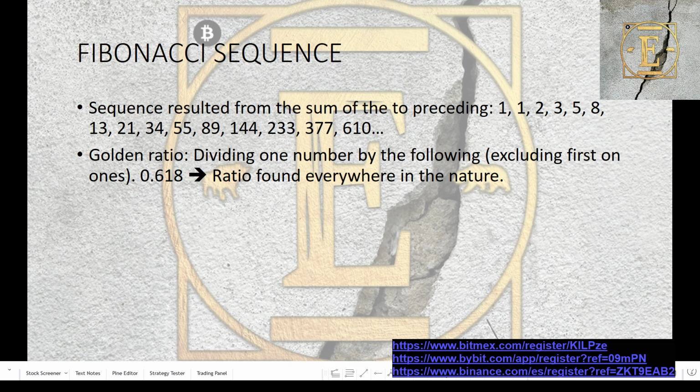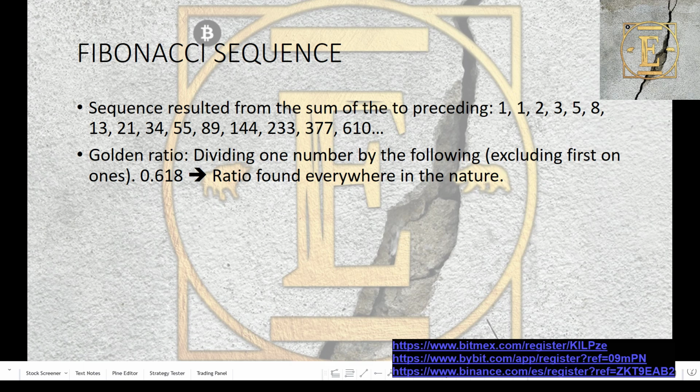Okay, so we've got 1, 1, 2, 2 plus 1 is 3, 3 plus 2 is 5, 8, 13, 21, etc. And then we've got the other basis, that is the golden ratio. That is the result from dividing one number by the following one, excluding the first one, and you obtain the 0.618 ratio that you find everywhere in nature.